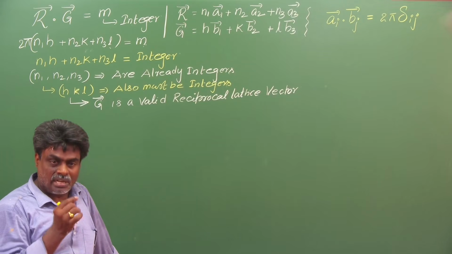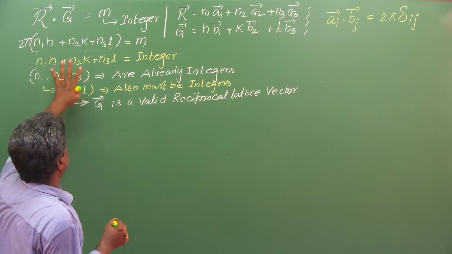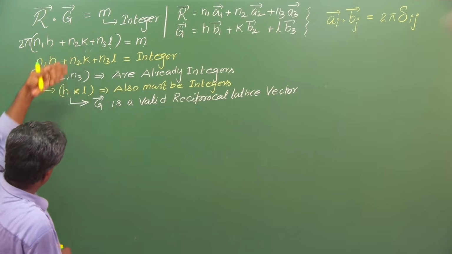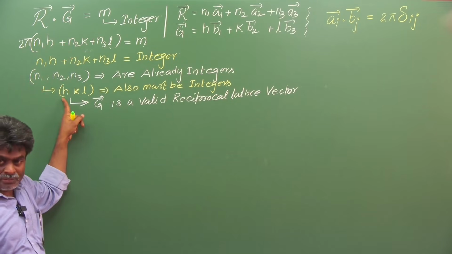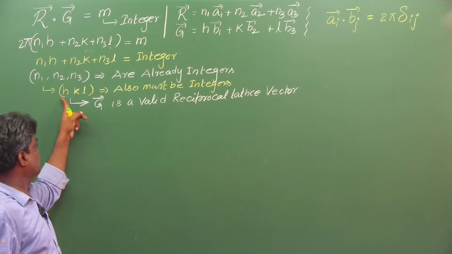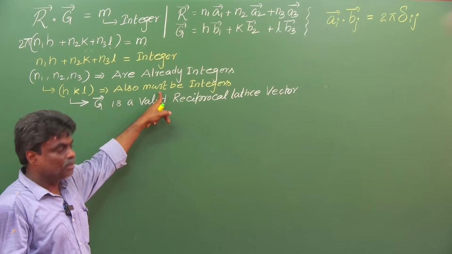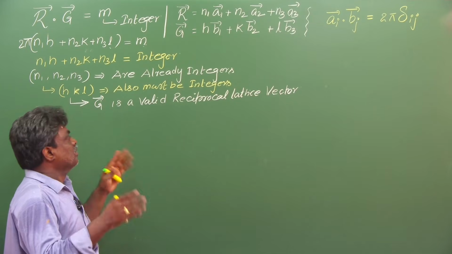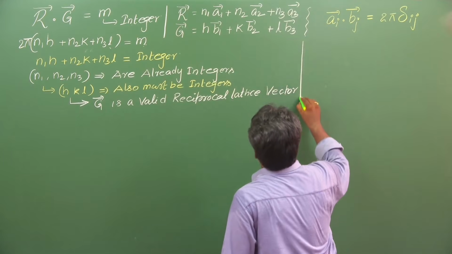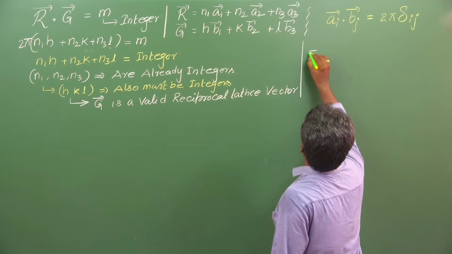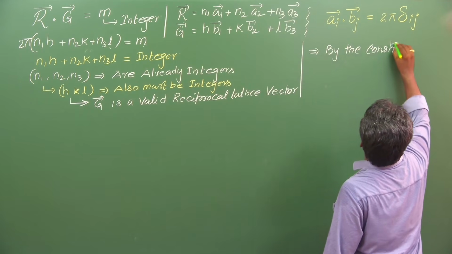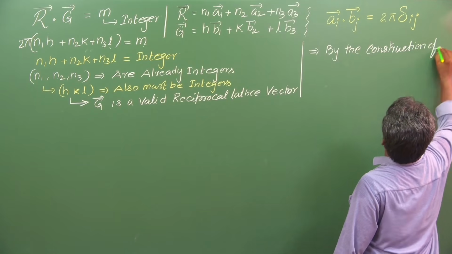Once again, what is the condition for Bragg's diffraction? The dot product equals an integer. If you do the mathematics, finally you get this conclusion. Now what is the condition for a diffraction occurring in a particular direction? HKL must be integer. What does it mean? Now how can you say that G bar is a valid reciprocal lattice vector? This can be understood by the construction of the Ewald sphere.